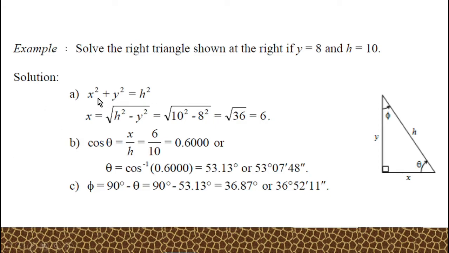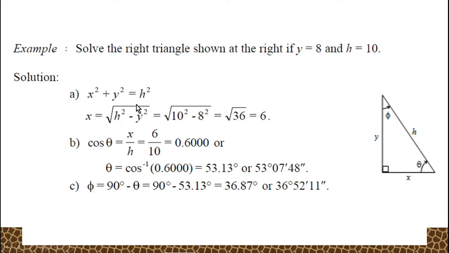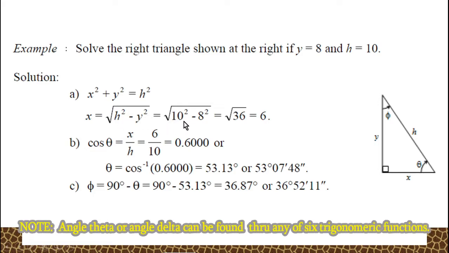So we have x squared plus y squared equals h squared. So we can substitute the given values. So we have x is equal to the square root of h squared minus y squared, where h is 10 and y is 8. Therefore, your x, or your unknown, is 6.